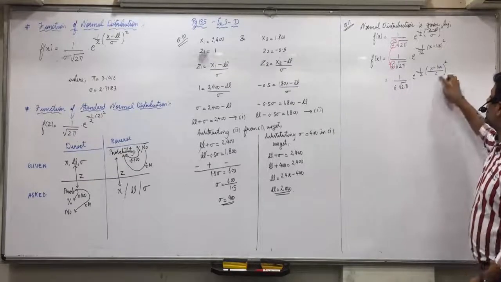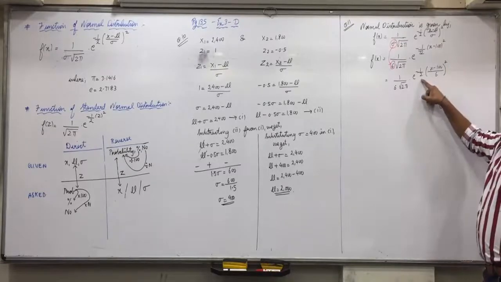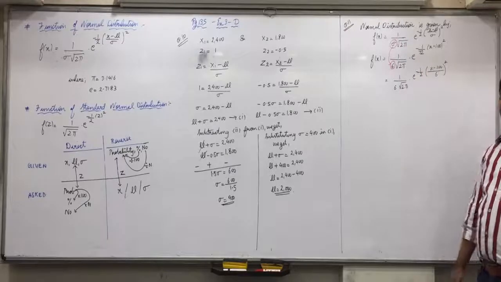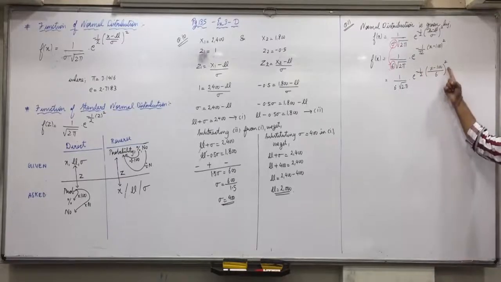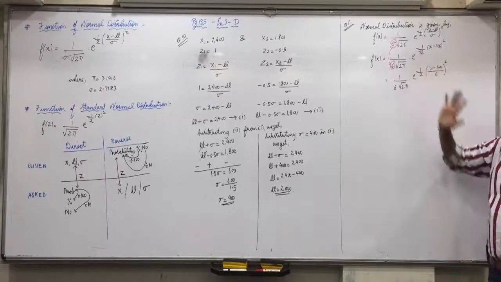Now see here, what is 6 square? 36 into 2. So they have directly written 72.